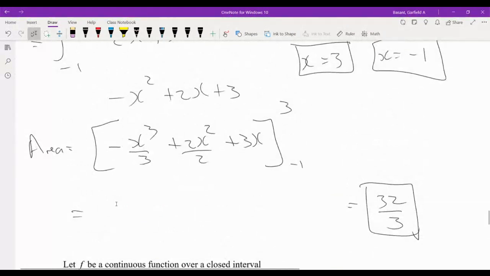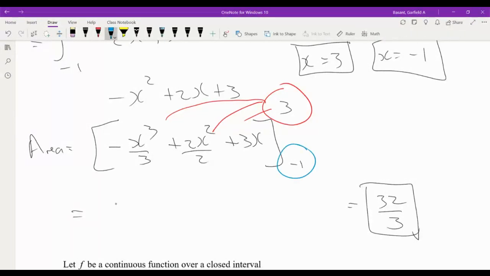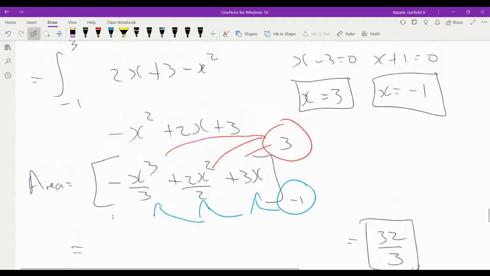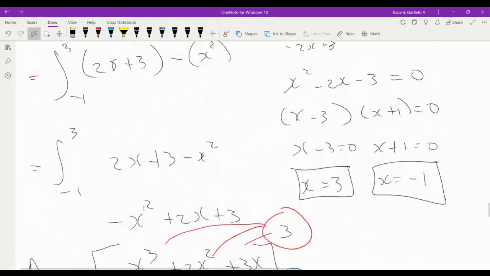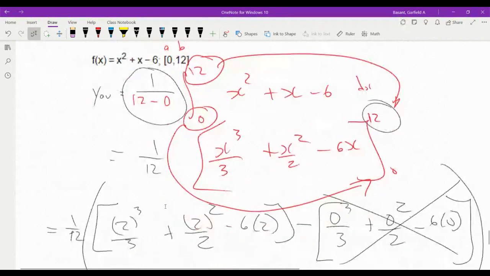So once we get here, you have to plug in the 3 into everything, and then after that, you have to plug in the -1, and subtract them. Right, Don? I just wrote 2 instead of 12. Thanks for pointing that out. Maybe I confused someone else when they didn't say.